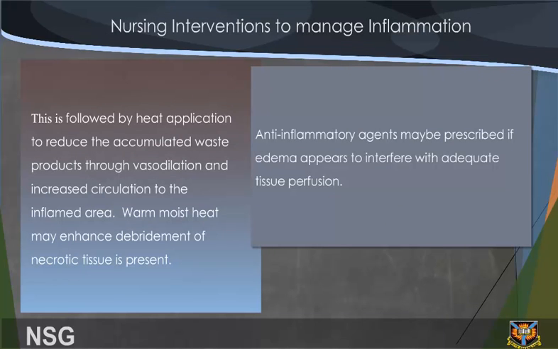This is followed by heat application to reduce the accumulated waste product through vasodilation and increase circulation to the inflamed area. Warm moist heat may enhance the debridement of necrotic tissue if present. Anti-inflammatory agents may be prescribed if edema appears to interfere with adequate tissue perfusion.